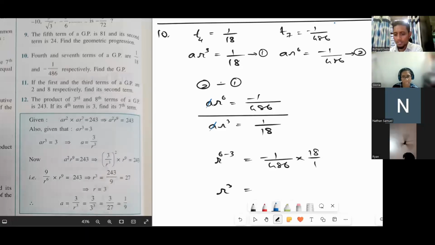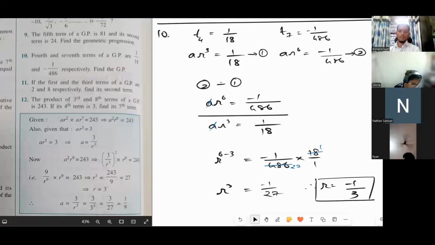Okay, you're able to cut this. Yes. What did you get? Minus 1 upon 27. Did you all get this? Yes. Okay, so R cube is equal to minus 1 upon 27. So what is R? R is equal to minus 1 upon 3, right?